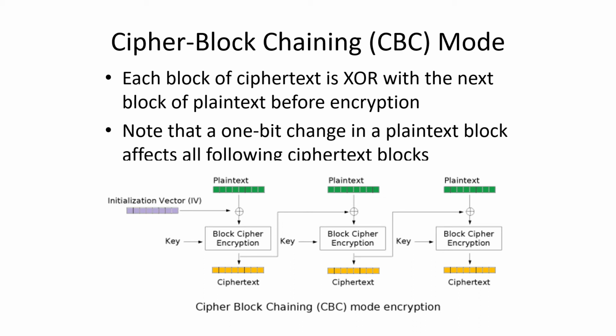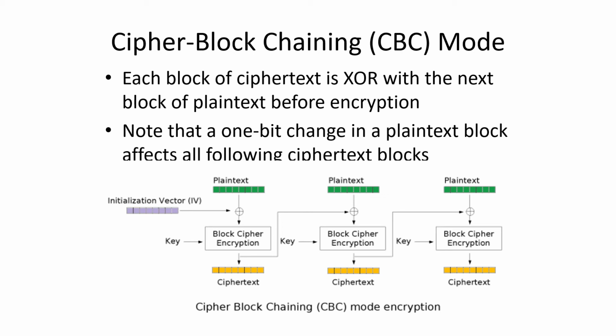So in this example, the plain text is exclusive ORed with the ciphertext from the previous block, and then you encrypt it, and that gives you ciphertext, which is then used to be exclusive ORed with the plain text of the next block, and so forth. So each block determines not only how it's encrypted, but from the previous values of the ciphertext.